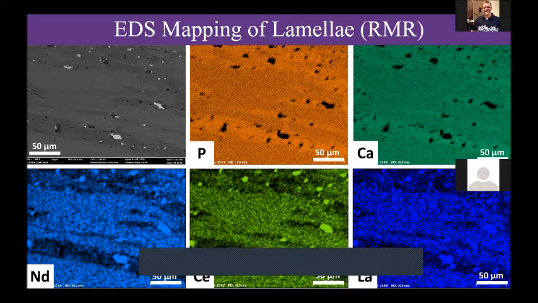So in the lamellae of lower BSE intensity, where we have all of these inclusion phases, we see less neodymium, cerium, lanthanum in the main body of that band of the lamellae, but all of those elements can be found concentrated in those micro-inclusion phases. So this points to possible RMR happening with these samples.